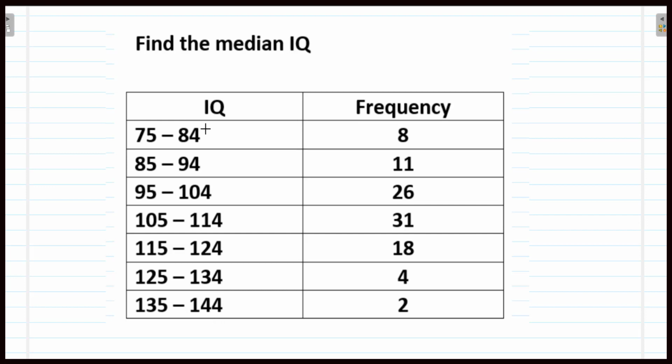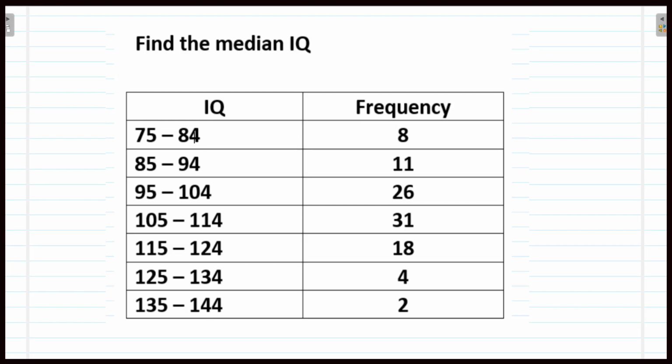Here you see that the classes are not in a continuous form. In the previous episode, we saw that the class was in the exclusive form, meaning it was 0 to 10, then 10 to 20, then 20 to 30, like that. So the class was continuous.